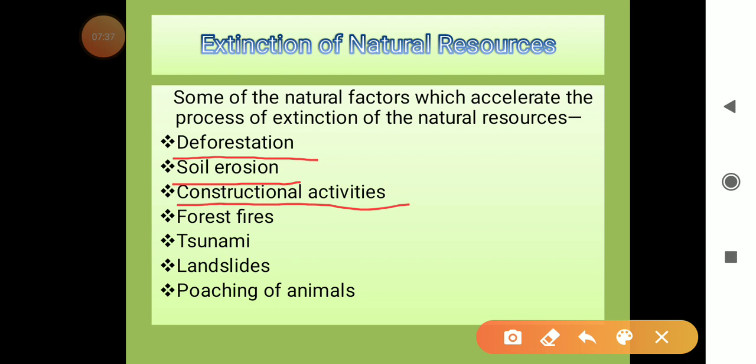Next point is forest fires. So, forest fires due to lightning or heat generated in the litter due to carelessness of people, or fire caused purposely by local inhabitants, mischief makers or miscreants, etc. Next is tsunami and landslides, and the next is poaching of animals. So these are some of the factors that accelerate the process of extinction of the natural resources.